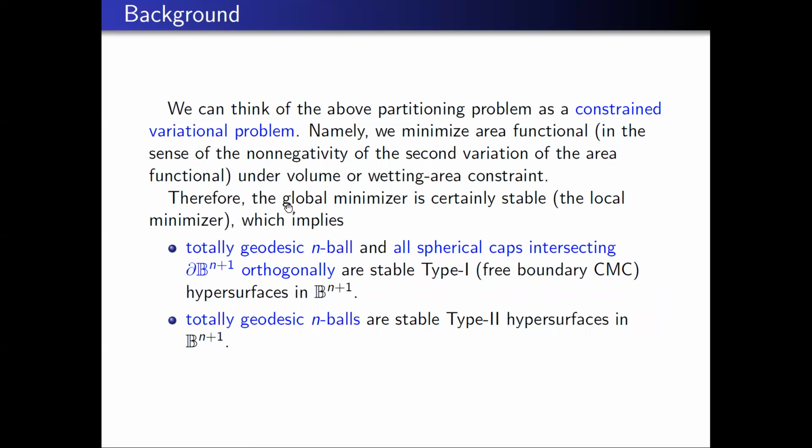And it is well known that a global minimizer must be a local minimizer. Local minimizer means stable. So from the Burago and Maz'ya results, we can imply that totally geodesic n-balls and all spherical caps intersecting the unit sphere orthogonally are stable type 1 hypersurfaces in a ball, and the totally geodesic n-balls are stable type 2 hypersurfaces in a ball.